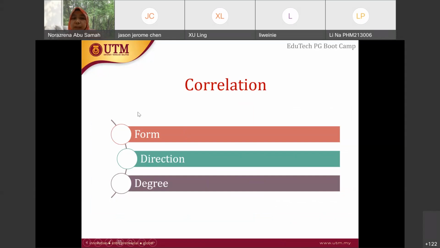Assalamualaikum. Waalaikumsalam. Yes? Please, I have a question, ma. Oh, yeah. What is the matrix correlation? Pardon? Matrix correlation. Yes. Okay, the matrix correlation. Are you doing that correlation?